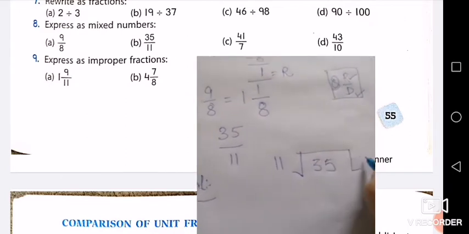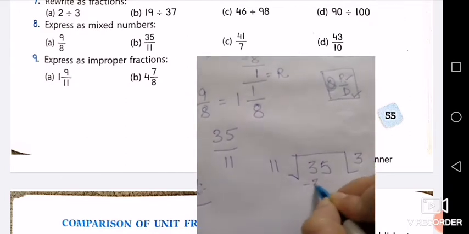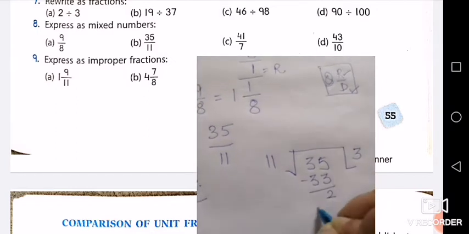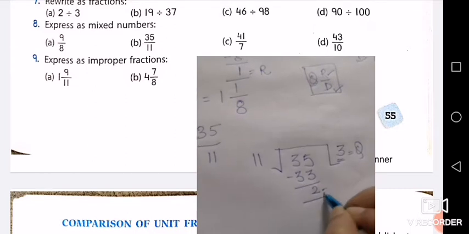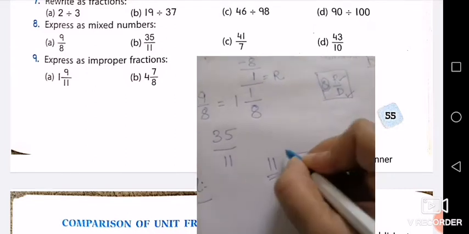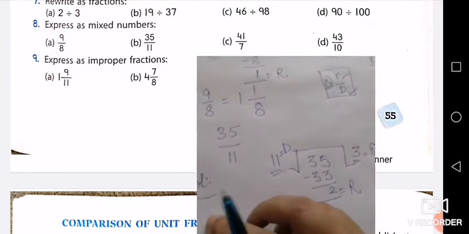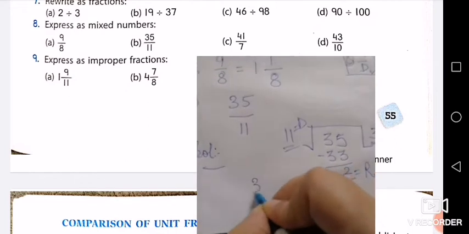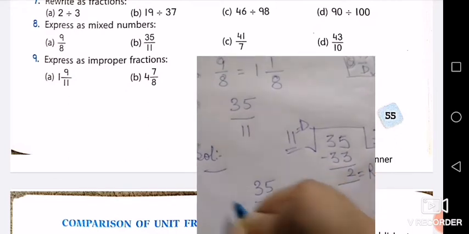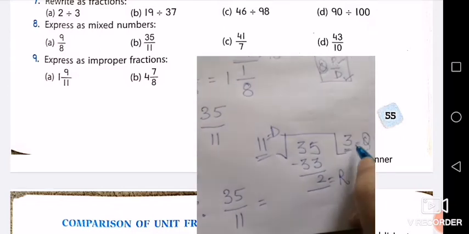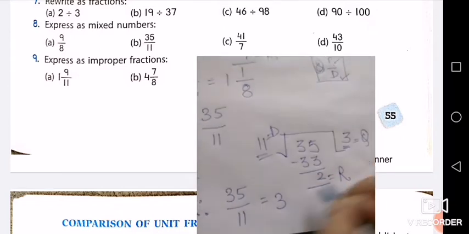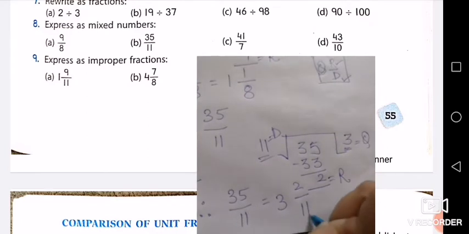Now 11 3s will be 33. What will be left? 2. Now this will be your quotient and this will be your remainder, and the divisor doesn't change. The divisor is that same only. So 35 by 11 will be written as, remember the rule, QRD. Q3 R2 by 11.